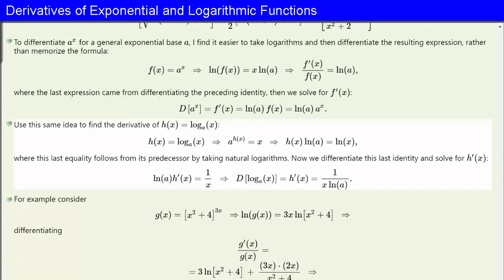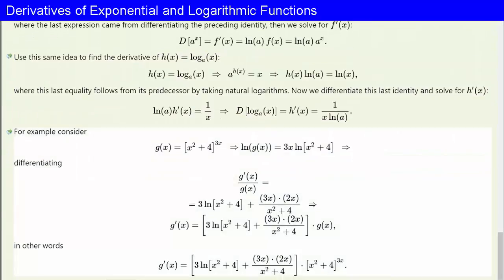You get log of a times h prime of x equals 1 over x, and therefore the derivative of log base a of x, h prime of x, is equal to 1 over x times 1 over log a. I wouldn't even consider memorizing this expression. A test question would be more likely to ask you to derive it than to regurgitate it.